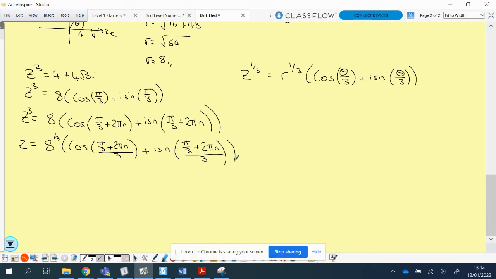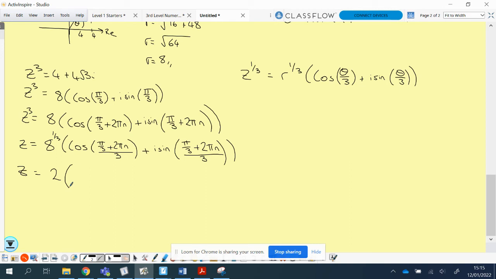So that's what we're going to do. Now again, we can tidy this up, but only marginally. It's not the easiest thing in the world to tidy up this one. But the cube root of 8 is 2. If we actually kept it in degrees, it'd be a lot tidier.